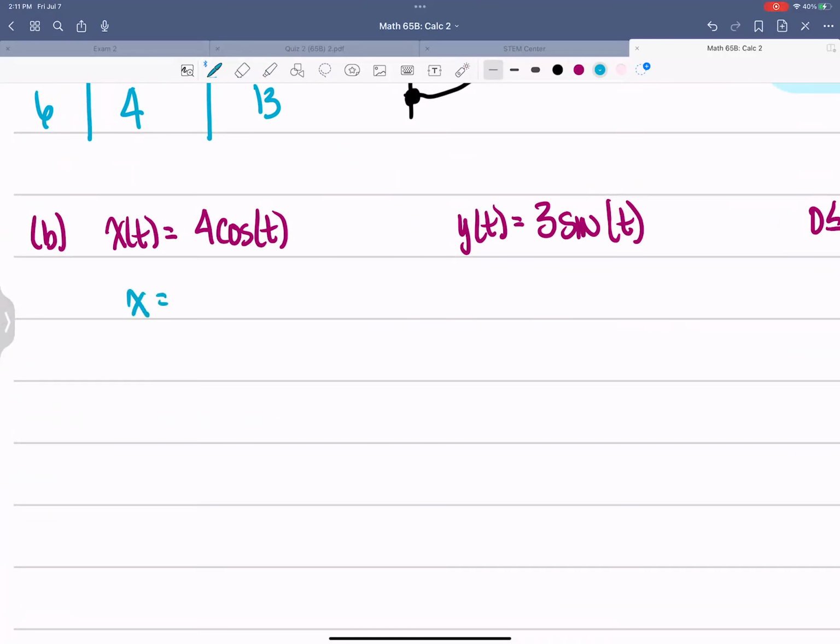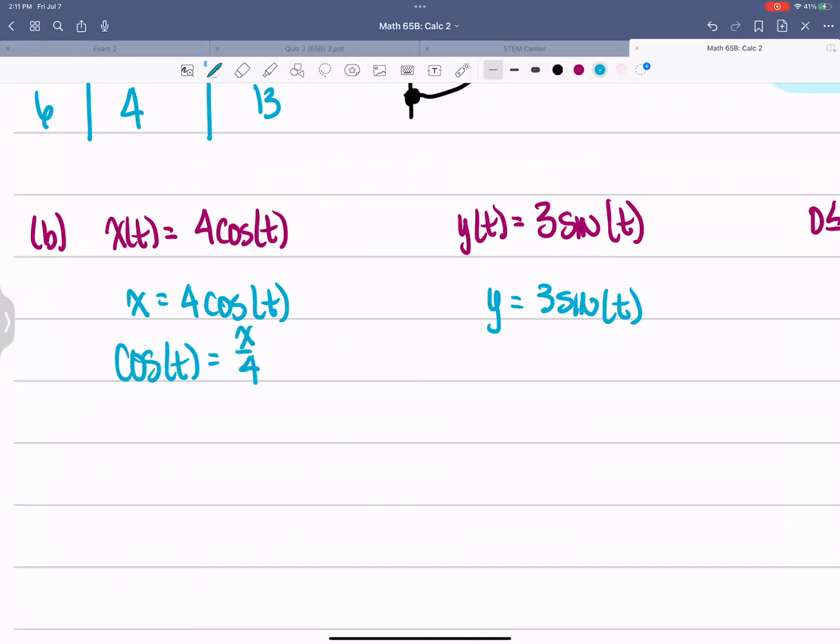So x is equal to 4 cosine t. I'm going to get cosine t by itself, and sine t by itself. So over here we have cosine of t is equal to x over 4. Over here we have sine of t is equal to y over 3.